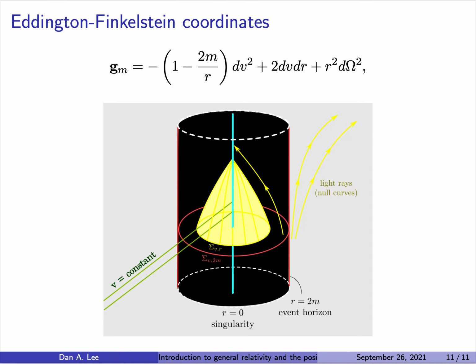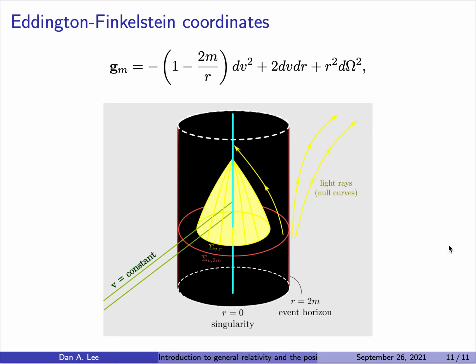Okay, so I have a little picture to end today's lecture. Here's the formula at the top for the Schwarzschild metric in Eddington-Finkelstein coordinates, and here's a picture of this Schwarzschild spacetime, again with one dimension suppressed. I'll talk a little more about this picture next time.